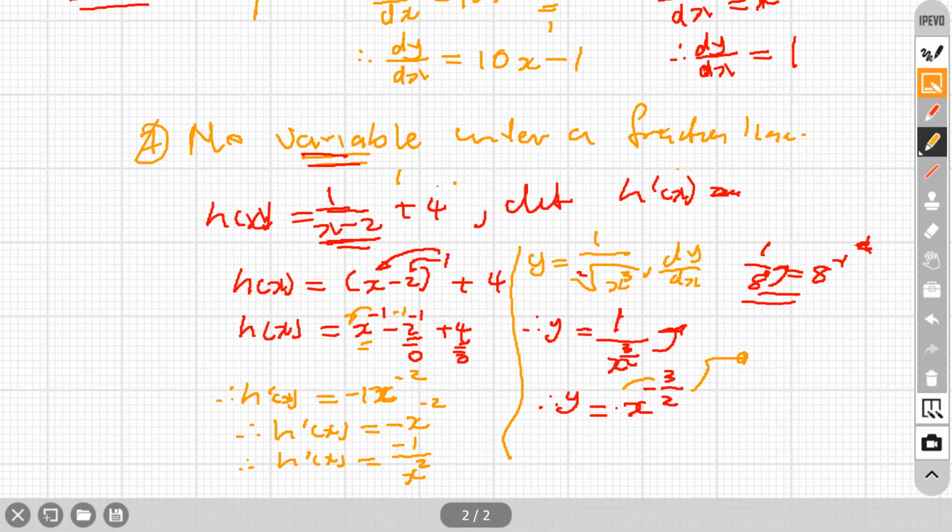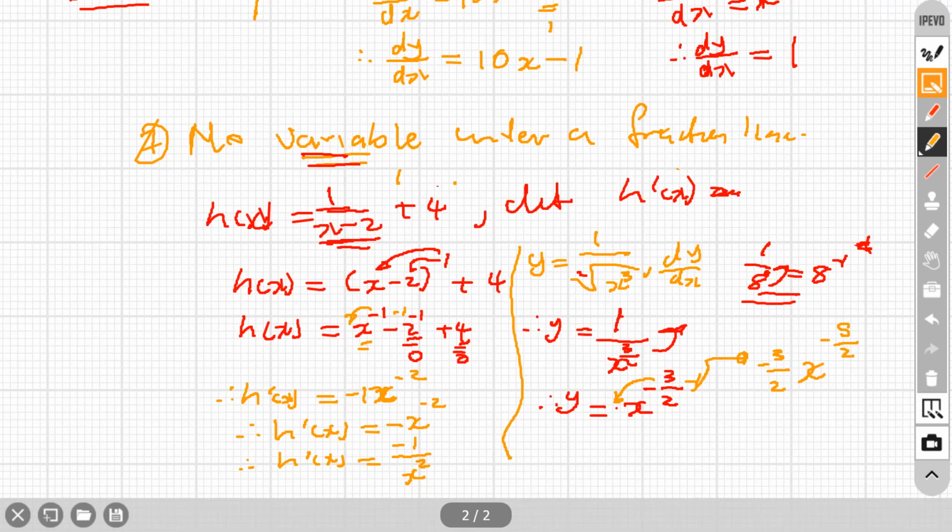This power will multiply the coefficient, which is 1. So we have negative 3 over 2, x, then subtract 1: negative 3 over 2 minus 1, that is 2 over 2, gives negative 5 over 2.